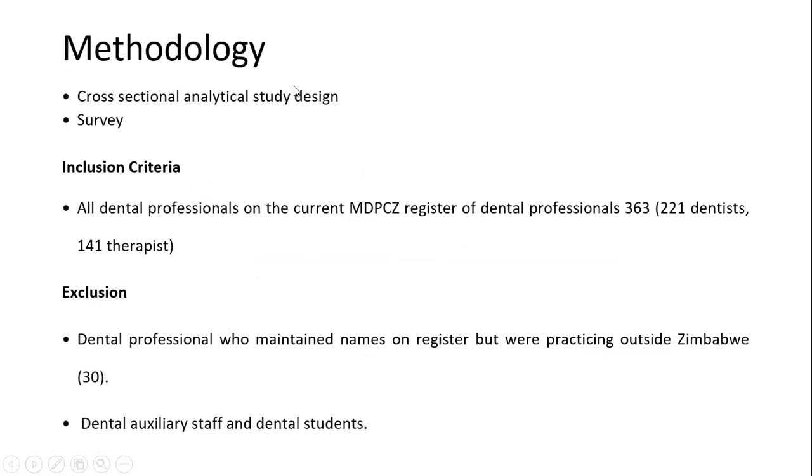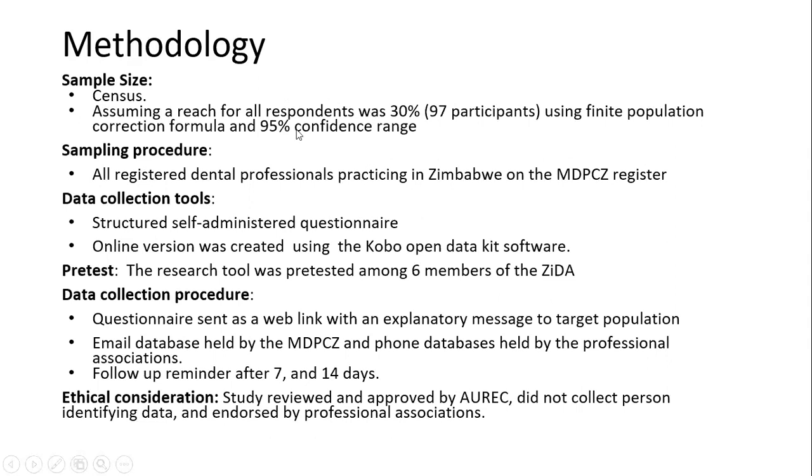Basically, we carried out a cross-sectional analytical study as a national survey, including basically all the dental professionals we could reach who are practicing in Zimbabwe. In short, that was the essence of the methodology that was used. Like I said earlier, we used the census approach.